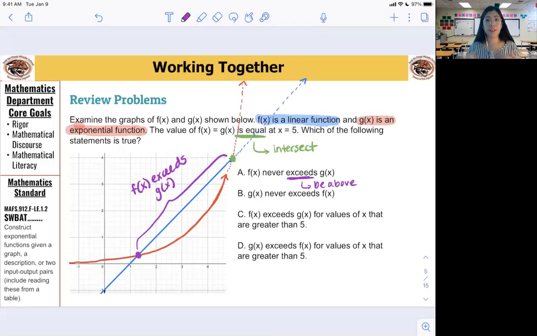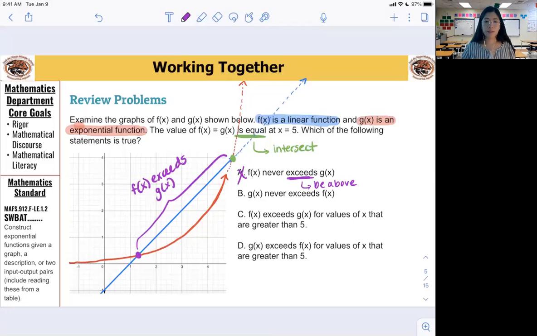In other words, f of x is on top. So would answer choice A be true? No, it's false. F of x does exceed g of x for a moment, just for a few seconds. Then it goes back to being underneath.